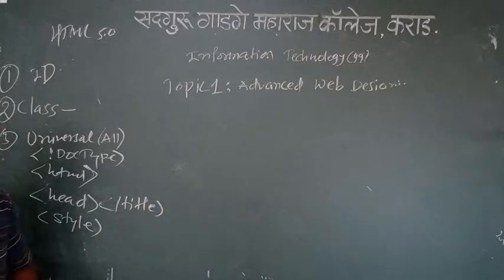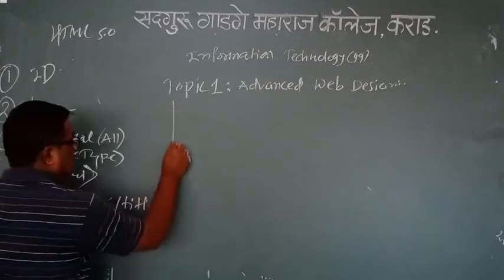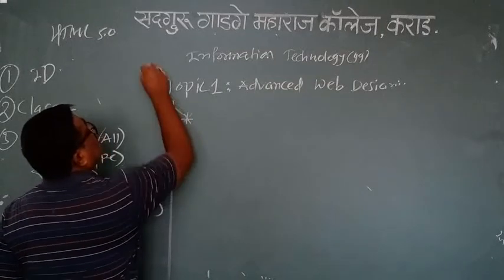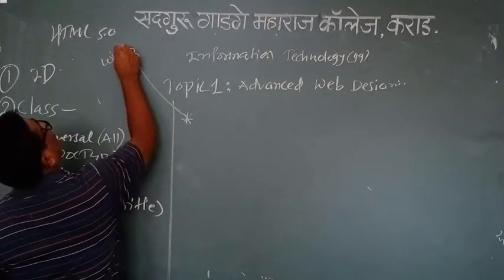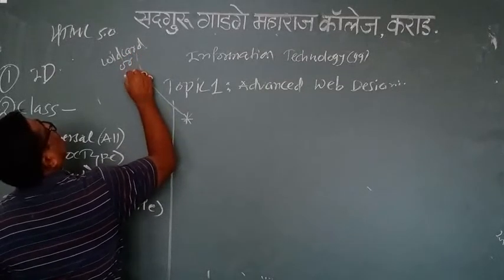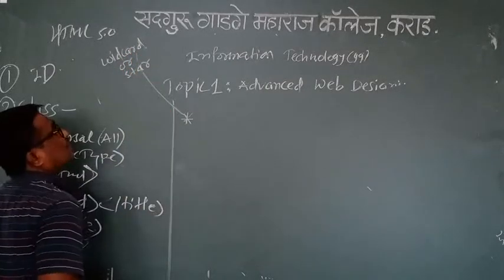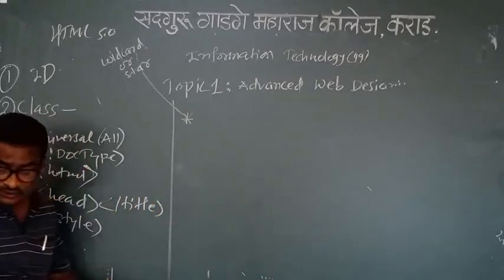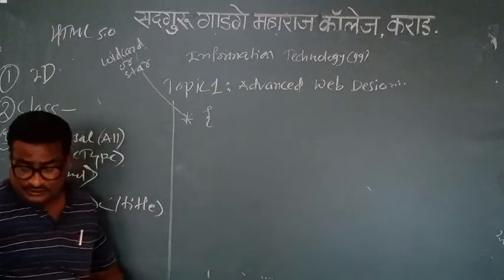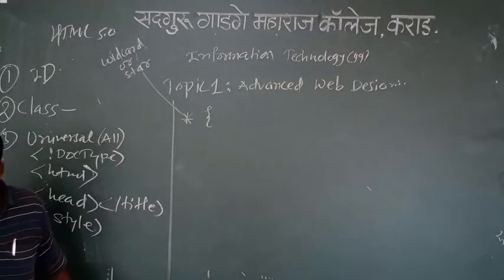Then right here wildcard, that is the star symbol. It's called as the wildcard or star symbol. Okay, then open curly bracket.